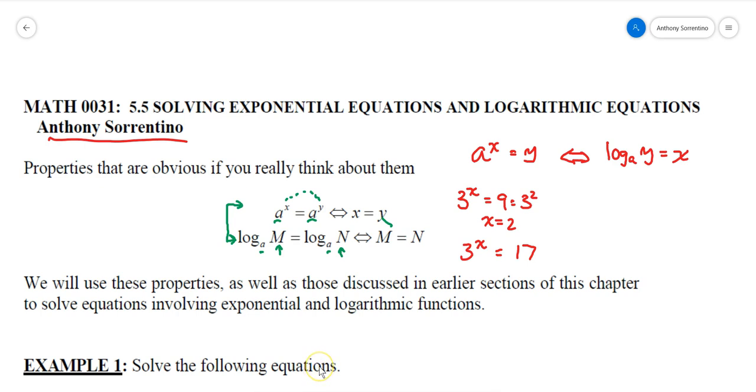And one last thing, because exponential functions like a to the x have a domain restriction, and as a result the log base a of y would have a range restriction, I have certain values that won't work with these.